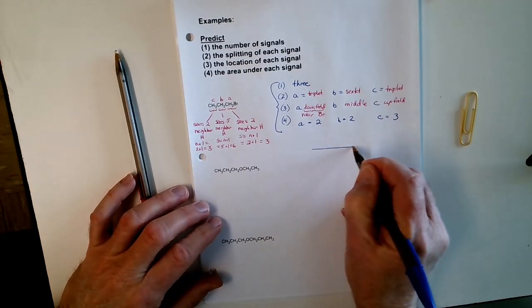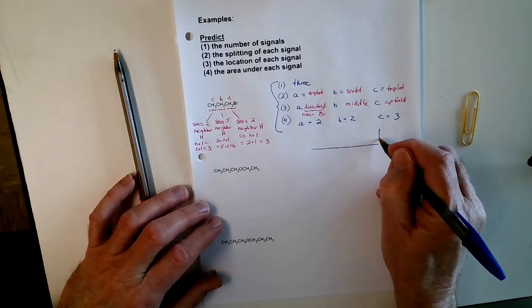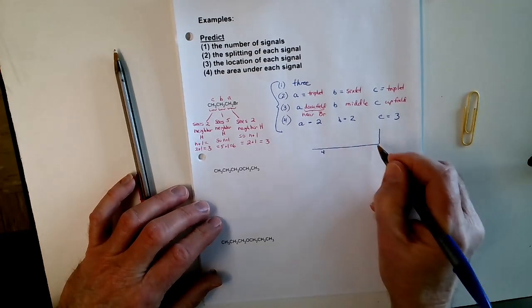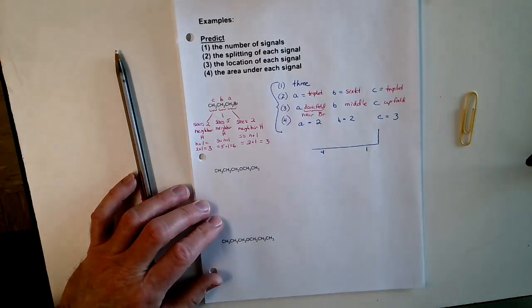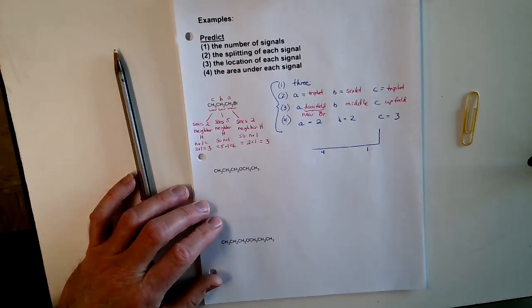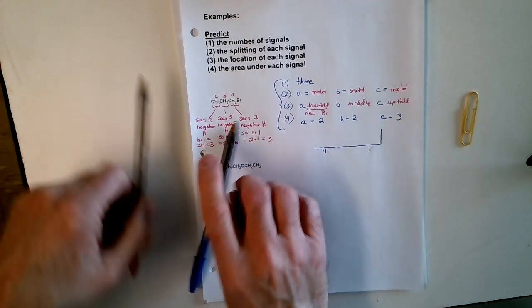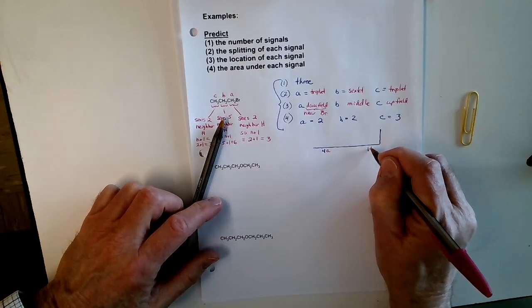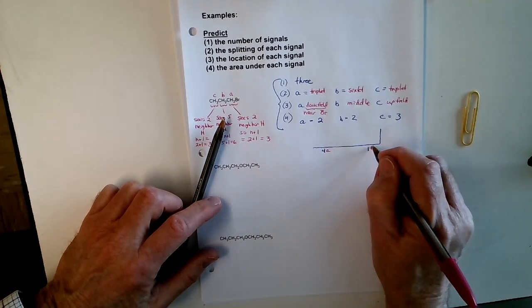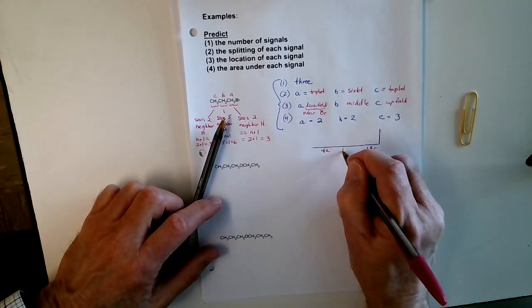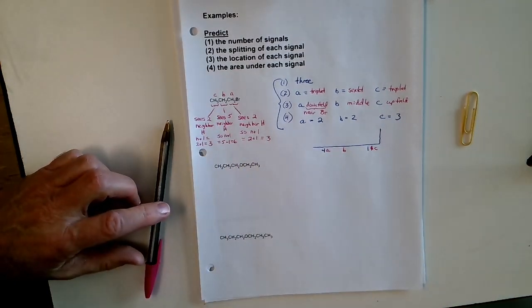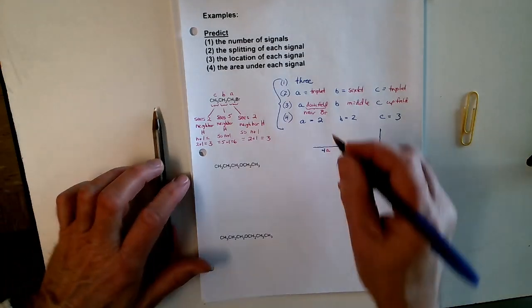All right, and you could even sketch something like this. I won't do this for all of them, but let's just do a brief sketch. Let's see, somewhere around 4-ish to 1 should take care of all of it. So we would expect the most downfield to be A. So there's A, and here's C, and then somewhere in the middle is B. Okay, so your first one on the left should be a triplet. A is a triplet.